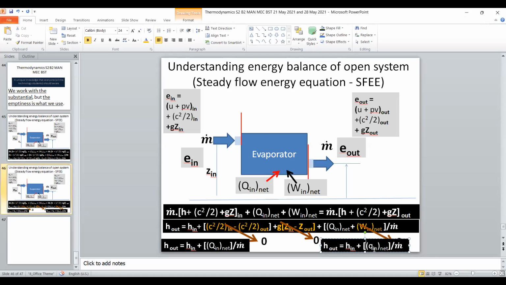So per kg, whatever all considered in Q in net, everything Q in. Okay, Q in net.